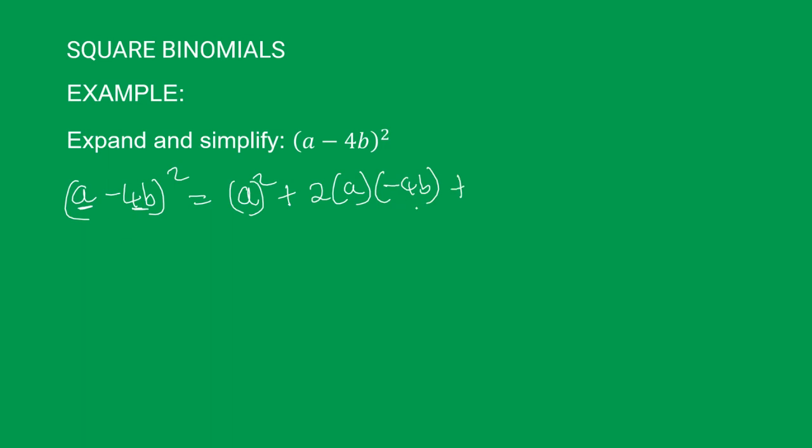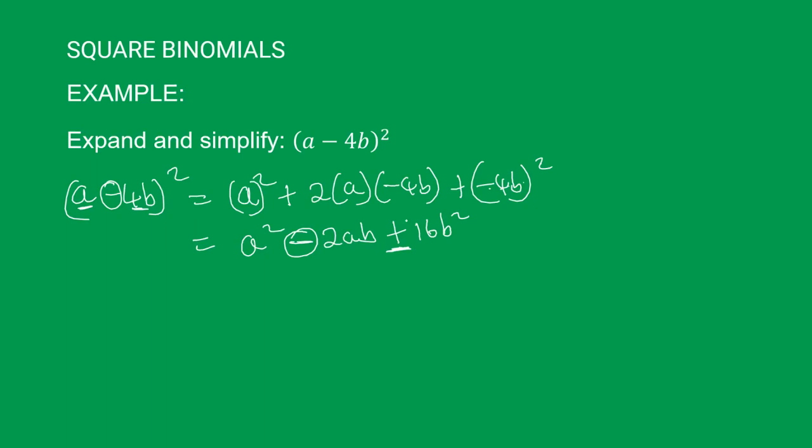And then plus (negative 4b) squared. Let's simplify this. It becomes a squared minus 8ab, and then (negative 4b) squared is 16b squared. Take note of this: if it's negative here, it is also negative there. And the last term is always positive.